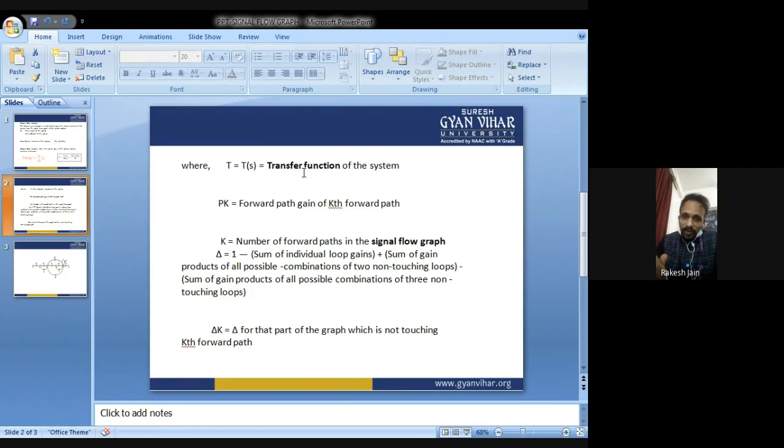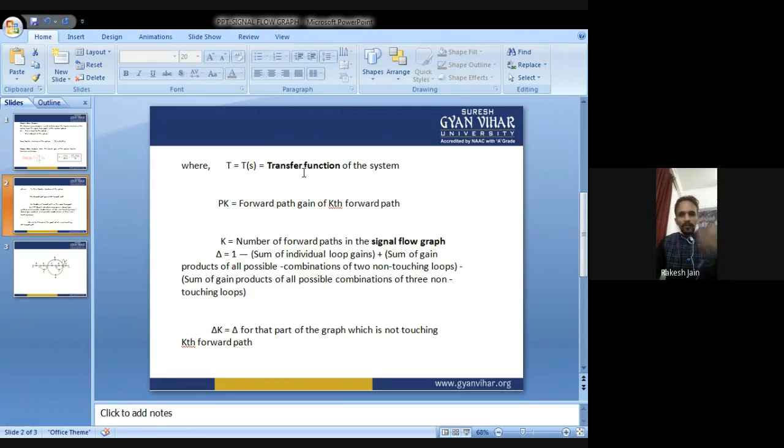Del we have to find in a very straightforward manner: del is equal to 1 minus the sum of individual loop gains, plus the sum of gain products of all possible combinations of 2 non-touching loops, and so on. And del k is the del for the part of the graph which is not touching the kth forward path.